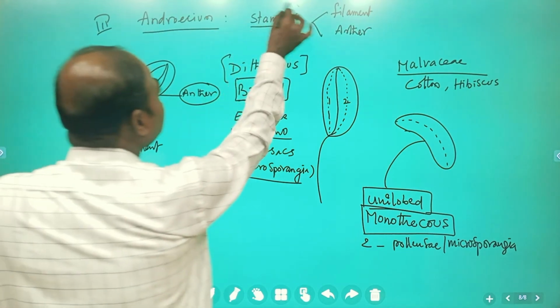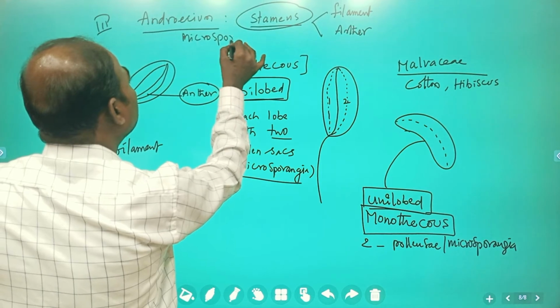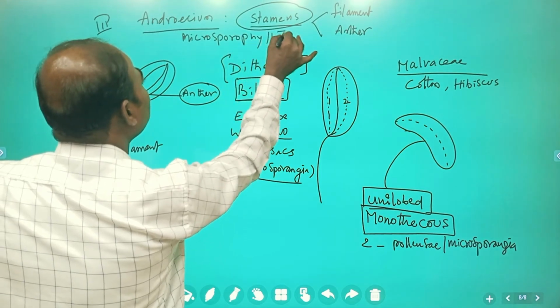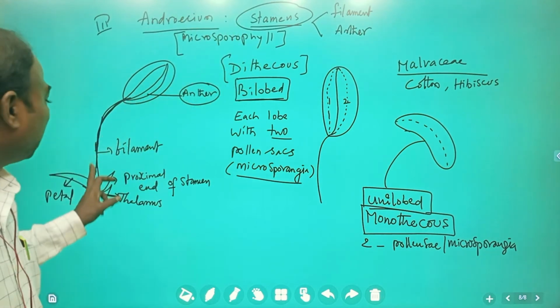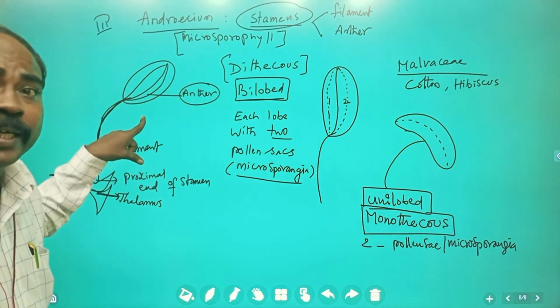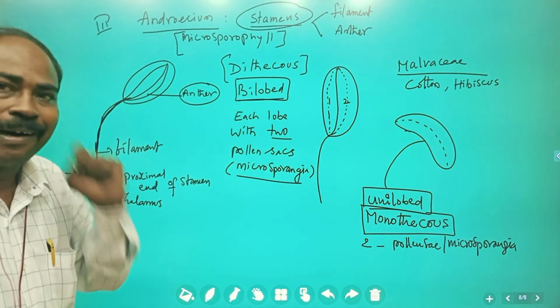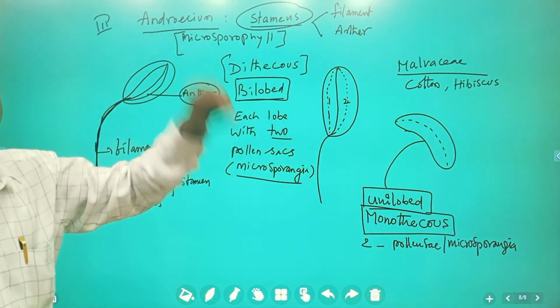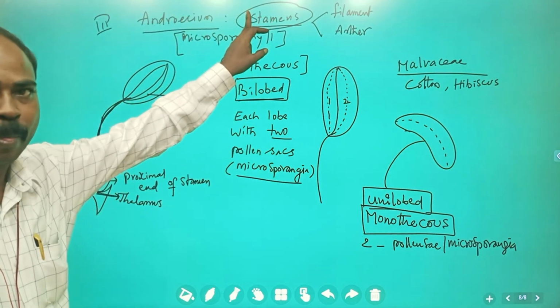So stamen is otherwise called microsporophyll. Phylla means leaf. The modified leaf in a flower which produces microspores is called microsporophyll. So microsporophyll is a technical word for stamen.